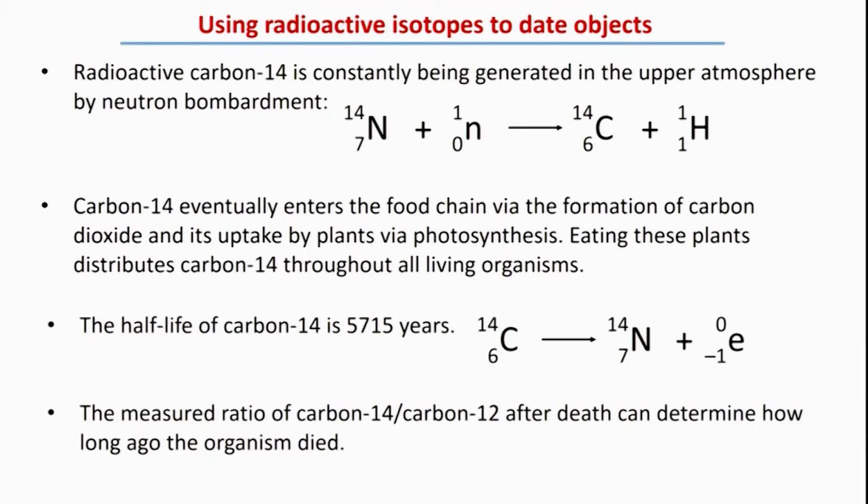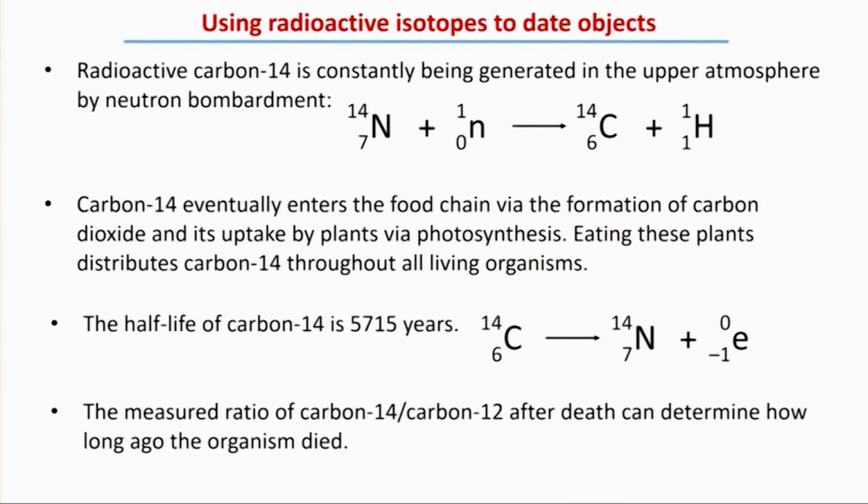You've probably heard of using carbon-14 to date objects. Let's look at how carbon-14 is actually produced in the first place. All carbon-14 is produced in the upper atmosphere, and this occurs when a neutron bombards a nitrogen atom up there.